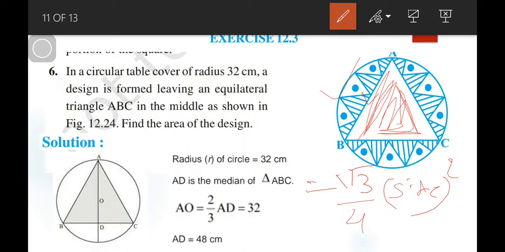So we have its median AD. Here you can see that ADB is a right angle triangle, so we can find the value of AB.